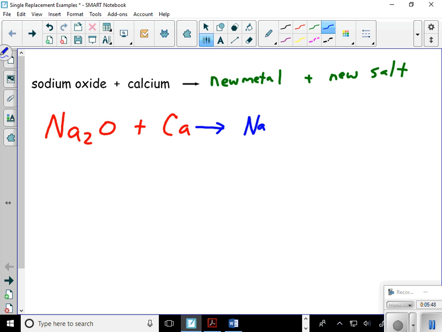What is my new salt going to be? CaO, calcium oxide. Remember, I like to say the word calcium oxide and then write the formula. Calcium is a 2 plus, oxygen's a 2 minus, so it's going to be CaO.